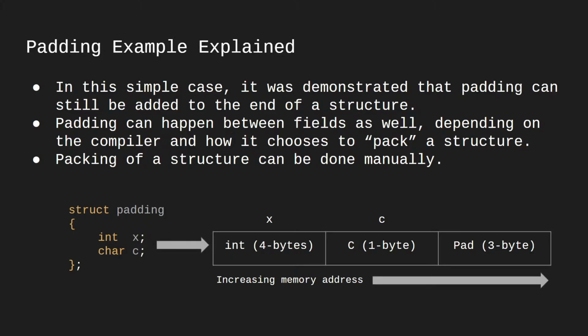In this scenario, we're just assuming this is how it occurs, but it can add padding between variables as well. You can actually pack a structure manually as well, but we're not going to get into that. There are certain indications you can give to the compiler that you want things to be done a particular way.